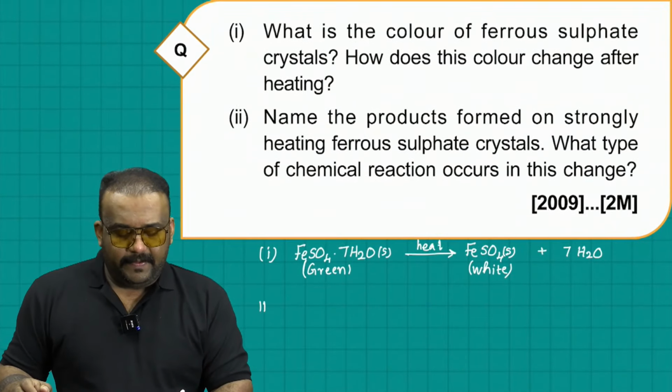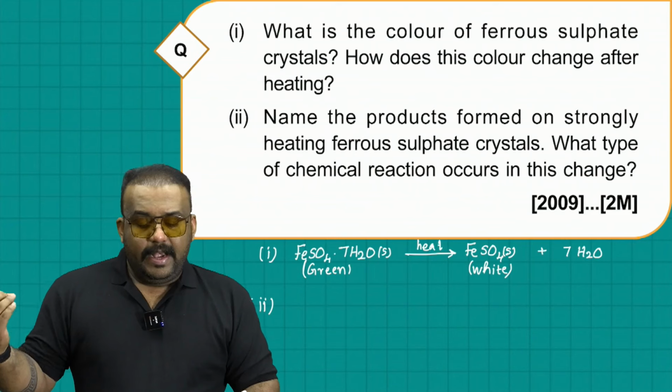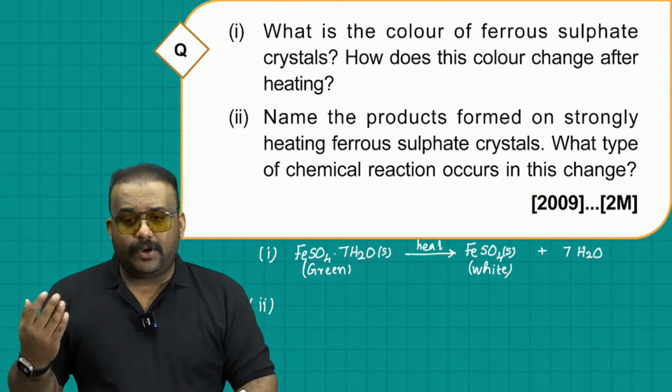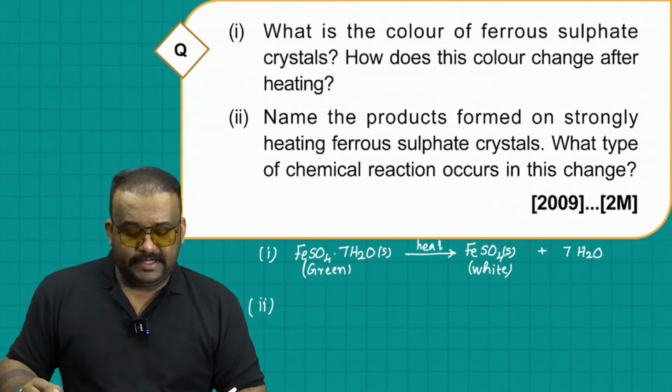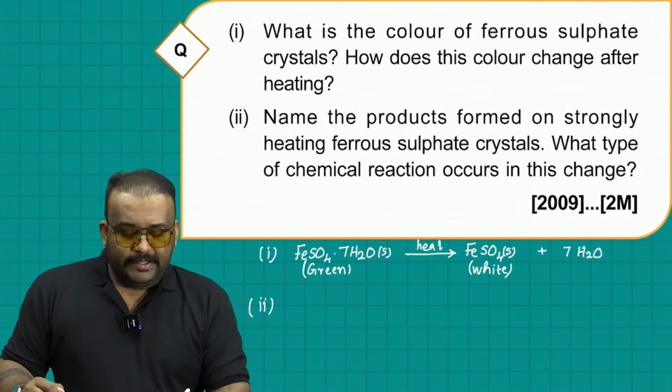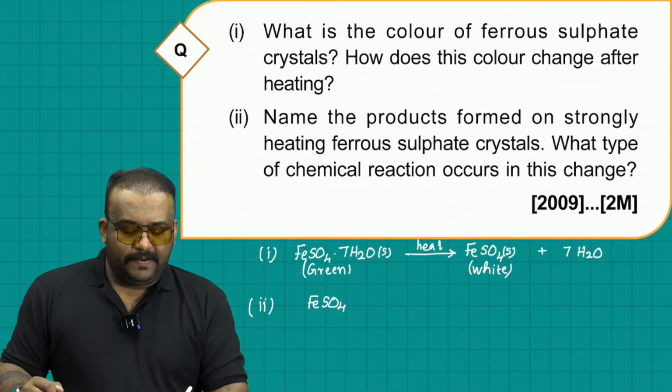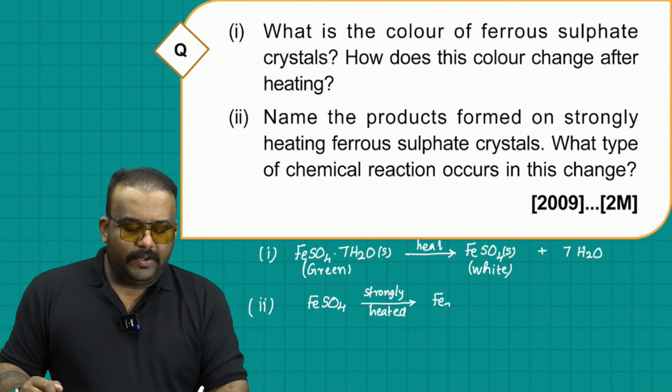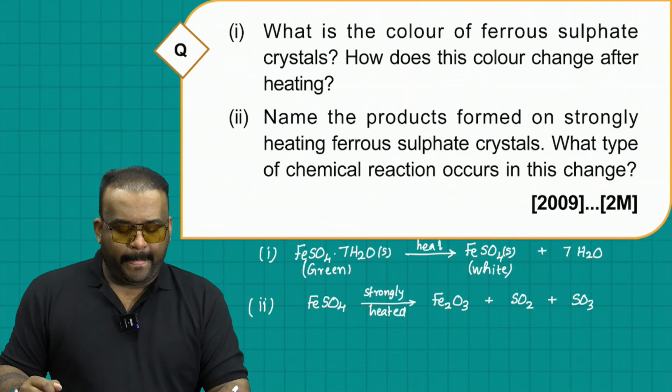Now, in the second part of the question, they ask, name the products formed on strongly heating ferrous sulfate crystals and what type of chemical reaction occurs in this change. So, if you strongly heat it, what will happen? The FeSO4 formed in the first step, when strongly heated, will decompose into Fe2O3 plus SO2 plus SO3.